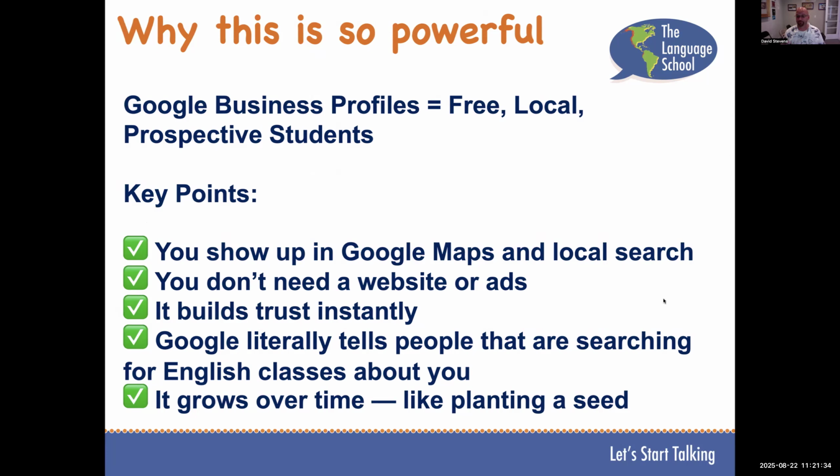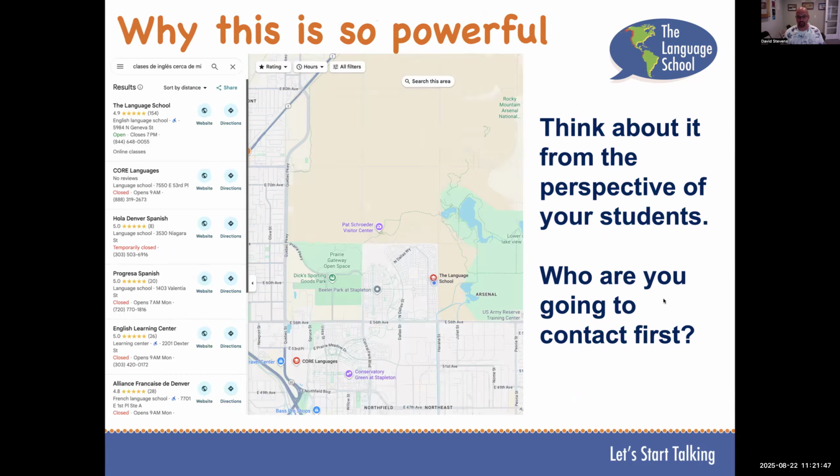Google's literally going to tell people that are searching for English classes about you and where you are. It grows over time, so it's kind of like planting a seed. You want to plant that seed today and start watering it to get it working for you in the long term.